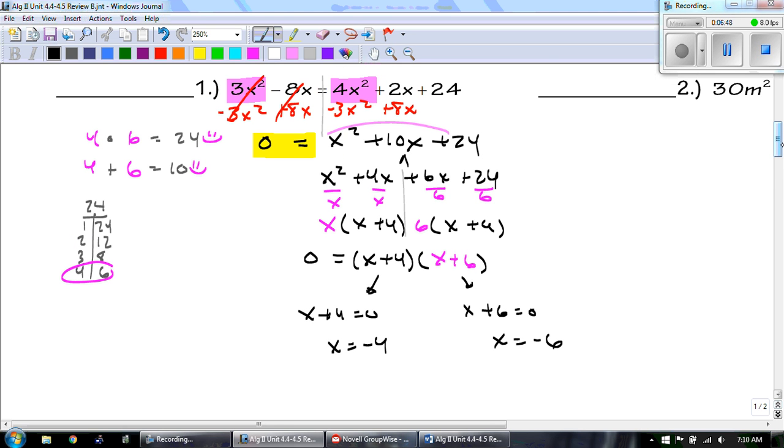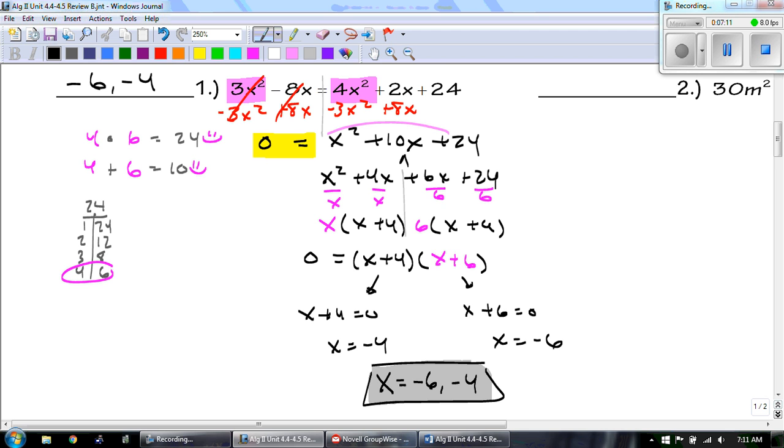Okay, so what we do with that is I'm going to write my final answer right here. Negative 6 and negative 4. I always put those answers in order from least to greatest. I'm also going to put them up on the line right here. So we've got negative 6 and negative 4.